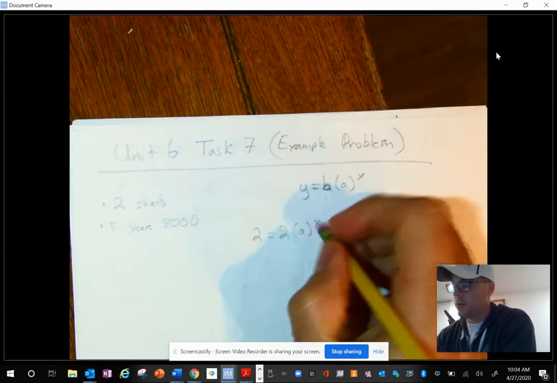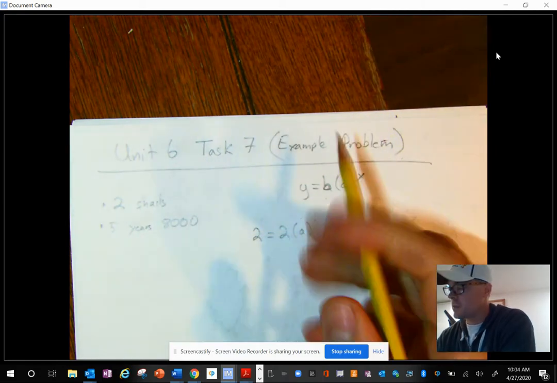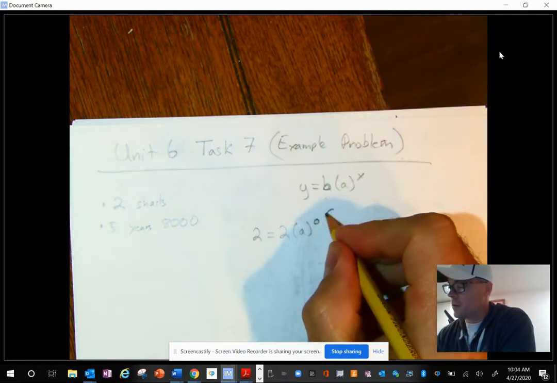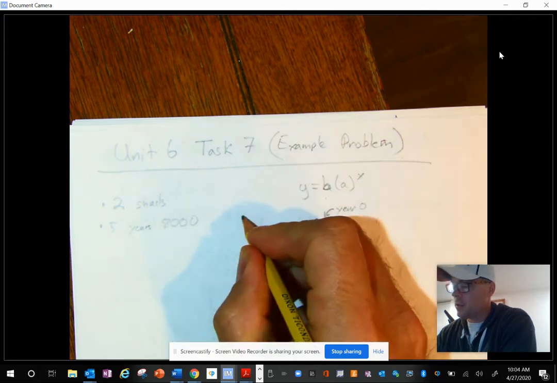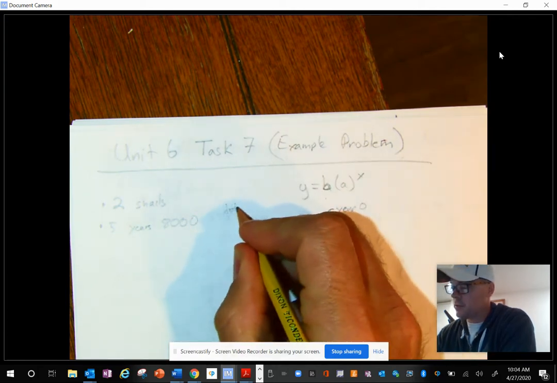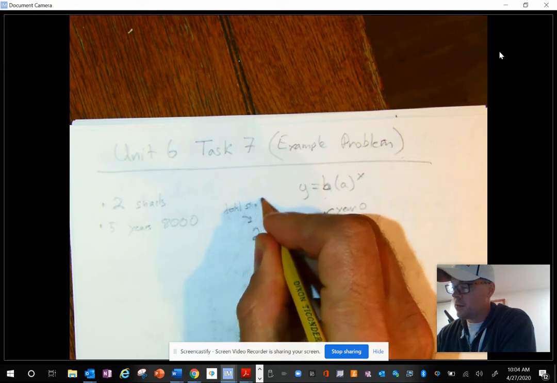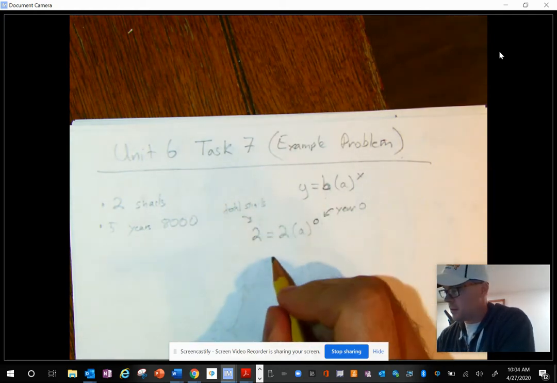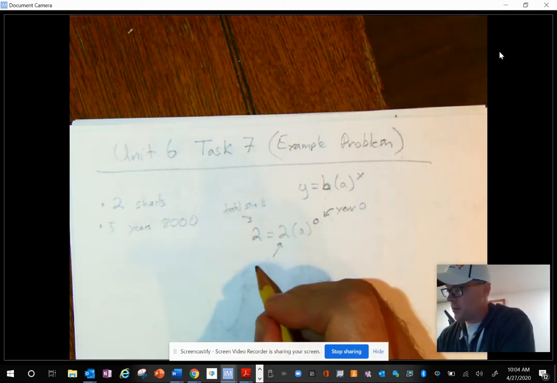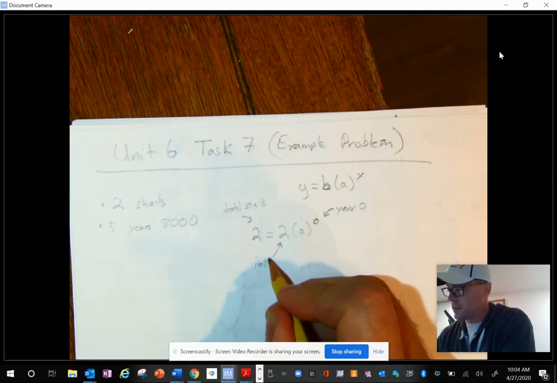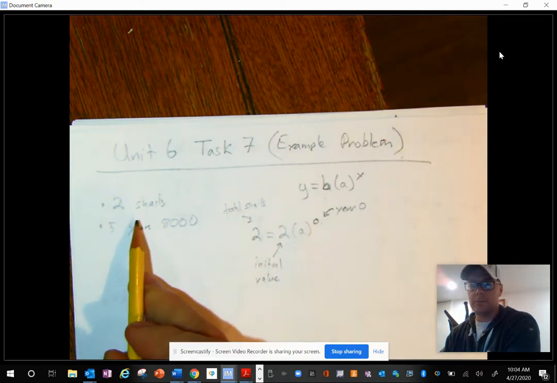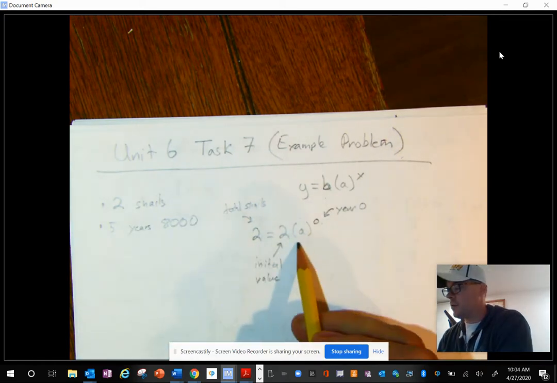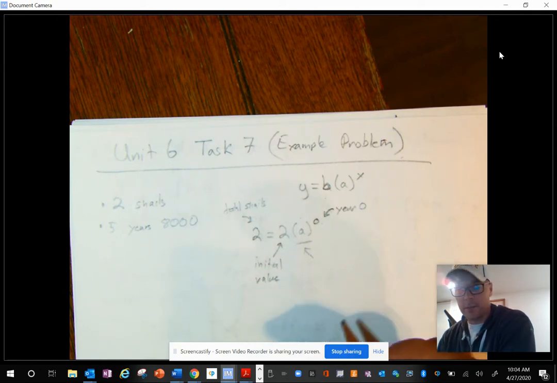So at year 0, the total snails, the initial value of snails released, was 2. See that? Okay. We don't know the value of a though. We don't know what percentage it's increasing by.